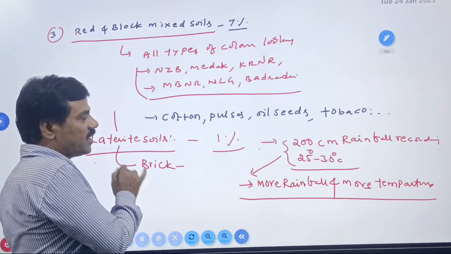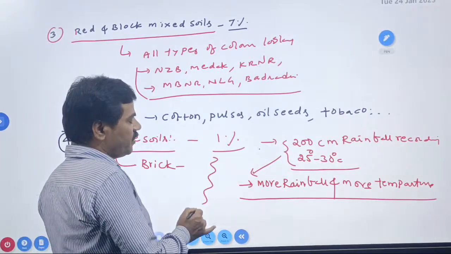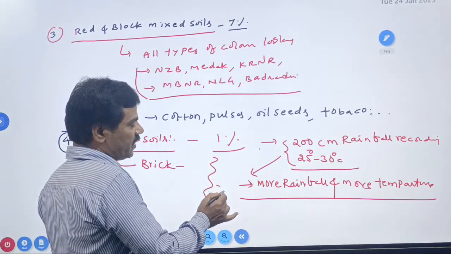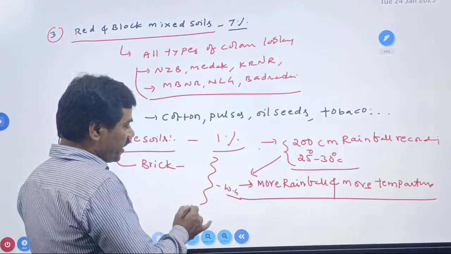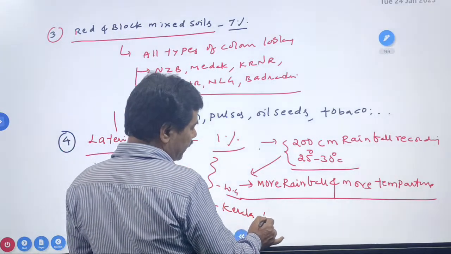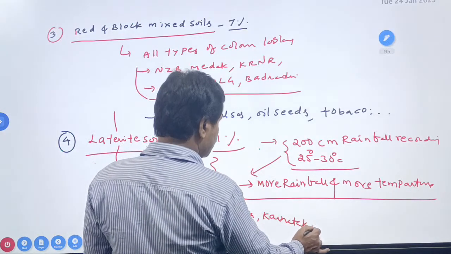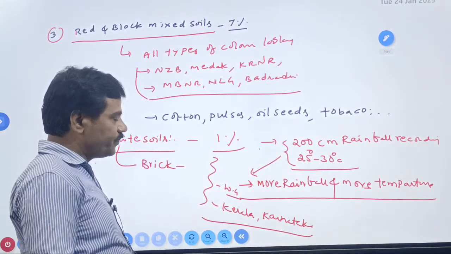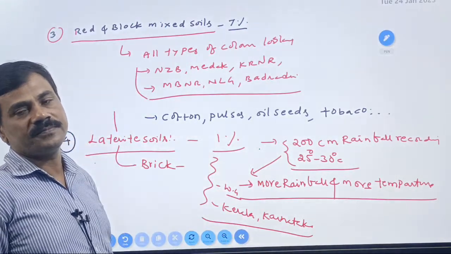Like this atmosphere is on the Western Ghats in India. Maximum of this type of soils are in the Western Ghats, majorly in Kerala and Karnataka. This type of soils develops under high temperature and high rainfall.